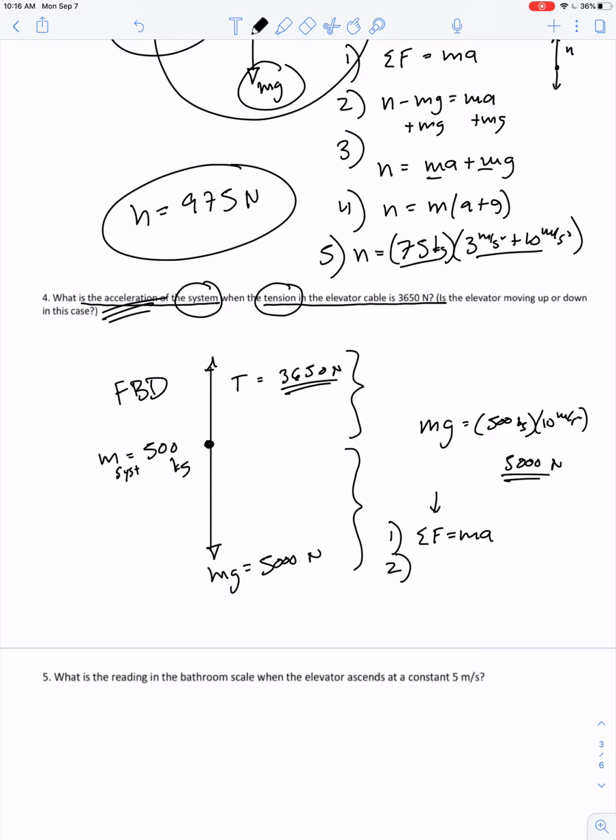In this case, let's do it this way. Let's always choose a frame of reference such that the positive direction is the direction of the larger amount of force. Since mg is greater in magnitude than the tension, let's think of down as positive. In that case, the net force would be mg minus T. So mg minus T is equivalent to ma.